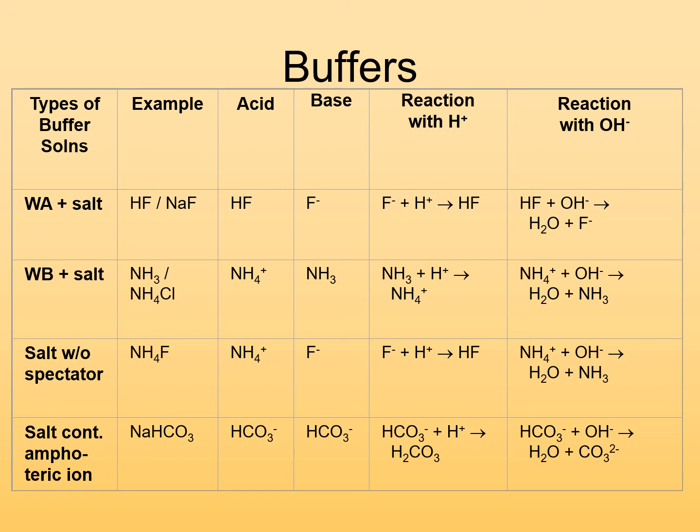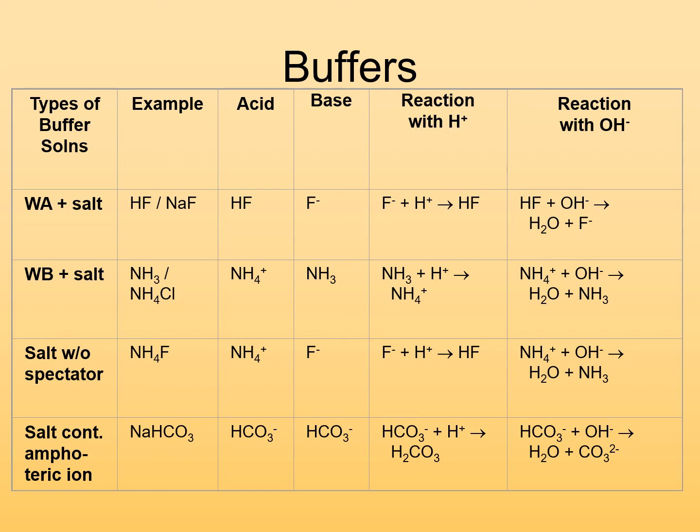So that was our ammonium chloride, the salt without the spectator. Here we used ammonium fluoride. So the ammonium is our acid, fluoride is our base. The base can react with hydrogen, producing hydrofluoric acid, excuse me. The base can react with our acid, producing water and ammonia.